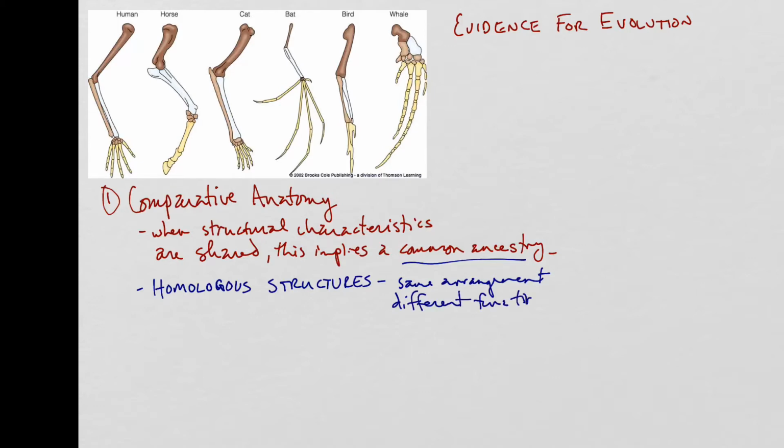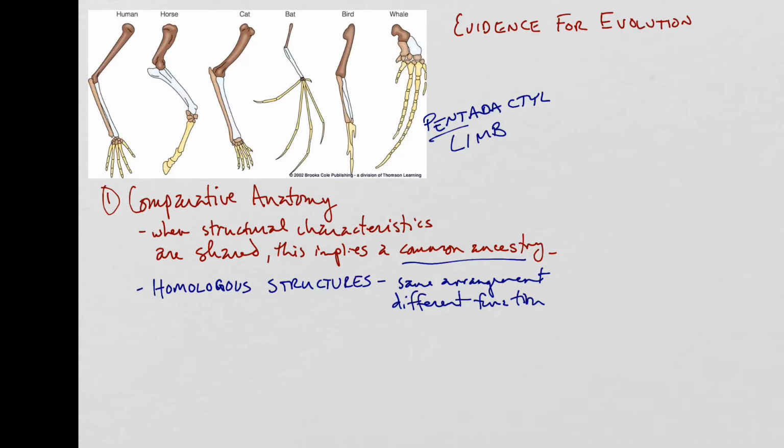And in this case, let's refer up here to what we call the pentadactyl limb. So penta meaning 5, dactyl refers to like fingers or digits, and limb refers to the arm.